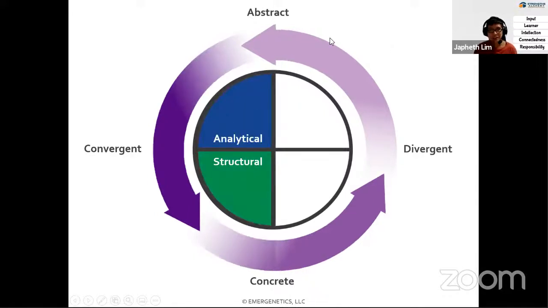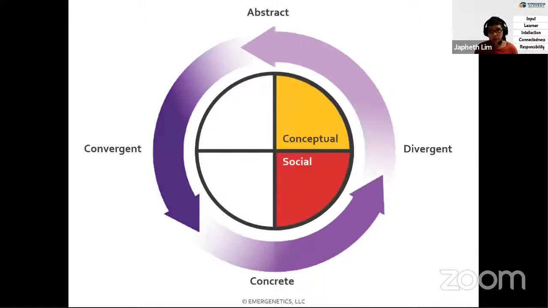Okay, yes. So if you look at it, if one of the domains is you are analytical and structural, you tend to be more convergent in your thinking, right? The questions tend to be more close-ended, task-oriented, want to move forward. Whereas if you are conceptual and social as your dominant preference, you tend to be more divergent in your thinking.